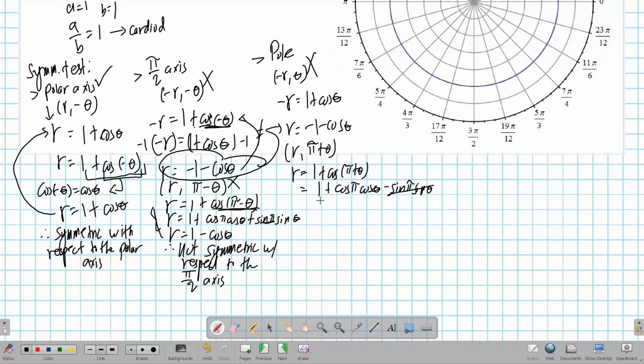Since this is plus, that becomes 1 minus cosine theta, and r is equal to 1 minus cosine theta is not our original. So therefore, it is also not symmetric with respect to the pole. So it's only symmetric with respect to the polar axis.